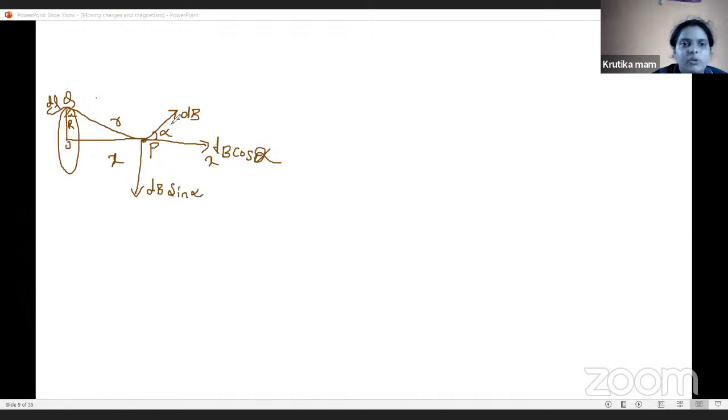We resolved the x-axis component, and the y-axis component becomes dB sin alpha.